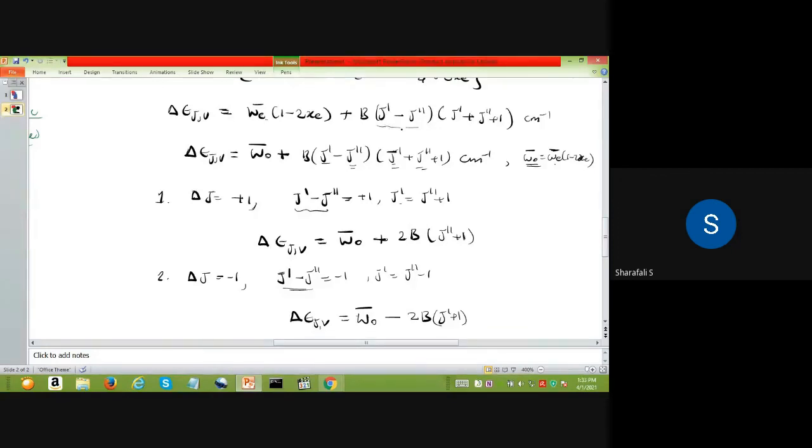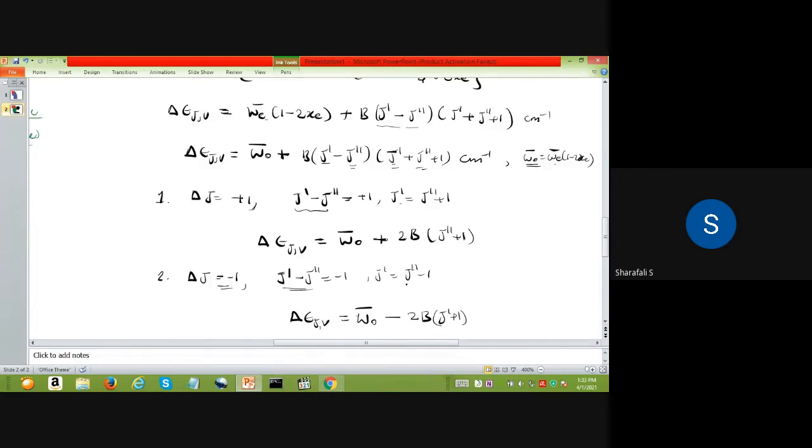So minus 1 times this quantity will become J' + 1. Here it will come 2 times that value, because your J'' is J' + 1 under this condition.